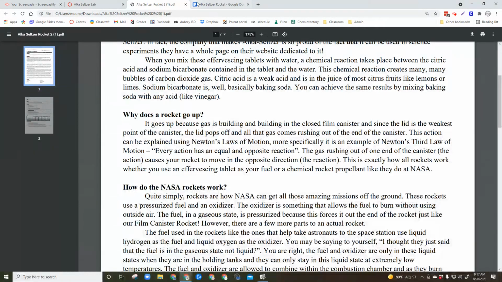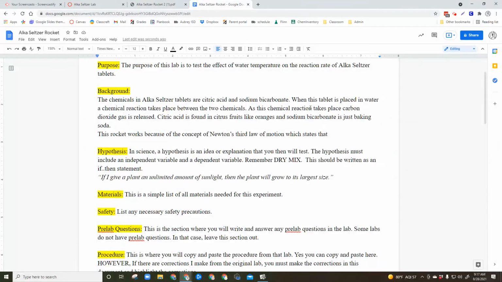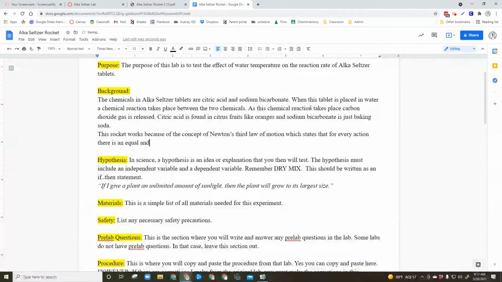For every action, there is an equal and opposite reaction.